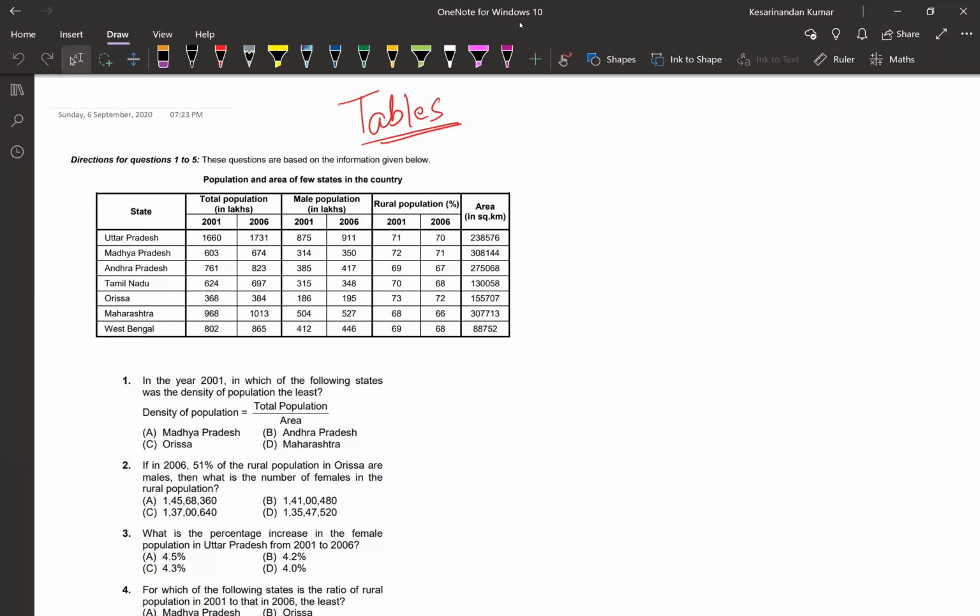Yes. And apart from it, the rural population. If from total population I subtract the rural population, will I get the urban population? Yes. Perfect. Now there's a short formula given in the first question, that is density, that is total population by area.